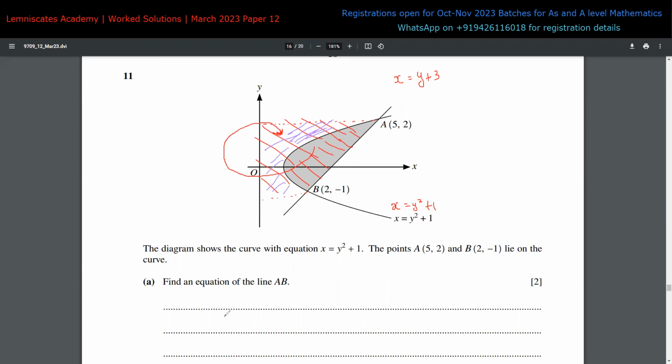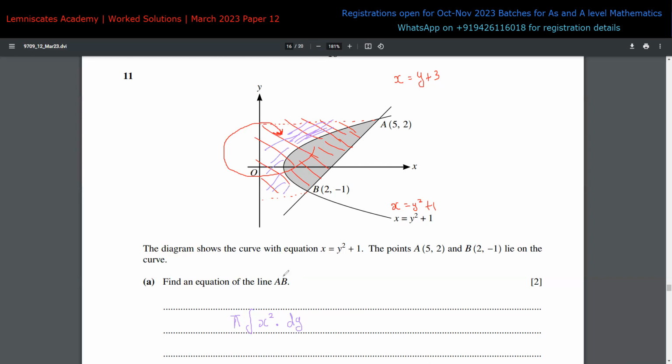And the formula for the volume that is generated if we rotate the shaded region about the y-axis for 360 degrees becomes pi times the integration of x squared with respect to dy. So that's the kind of equation that we'll be getting for the line as well as the curve.